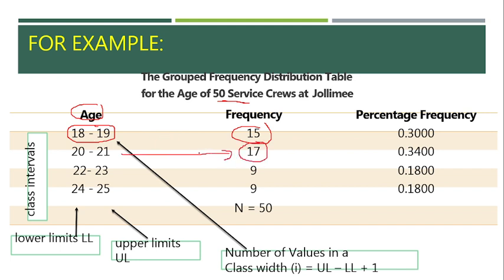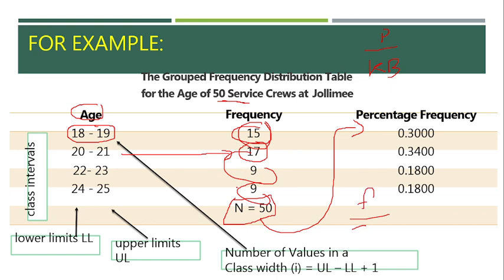We have 17 persons, 9 persons, 9 persons. And in total, if we find the summation of your frequency, or your N, that is basically 50. And if we find the percentage, that's the basic one, no? You divide your frequency by your summation of frequency, or F over N, to get the percentage frequency. Gets already? Okay.